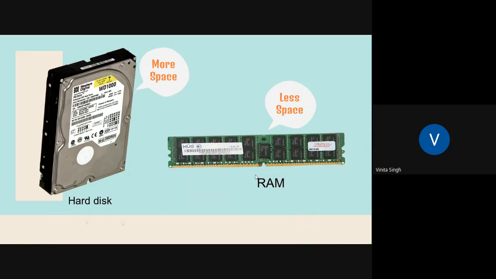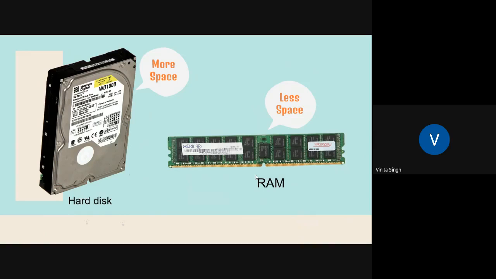The storage capacity of the hard disk is almost 1000 times more than the RAM. So when you compare the storage capacity, the hard disk has almost 10,000 times more space than RAM.